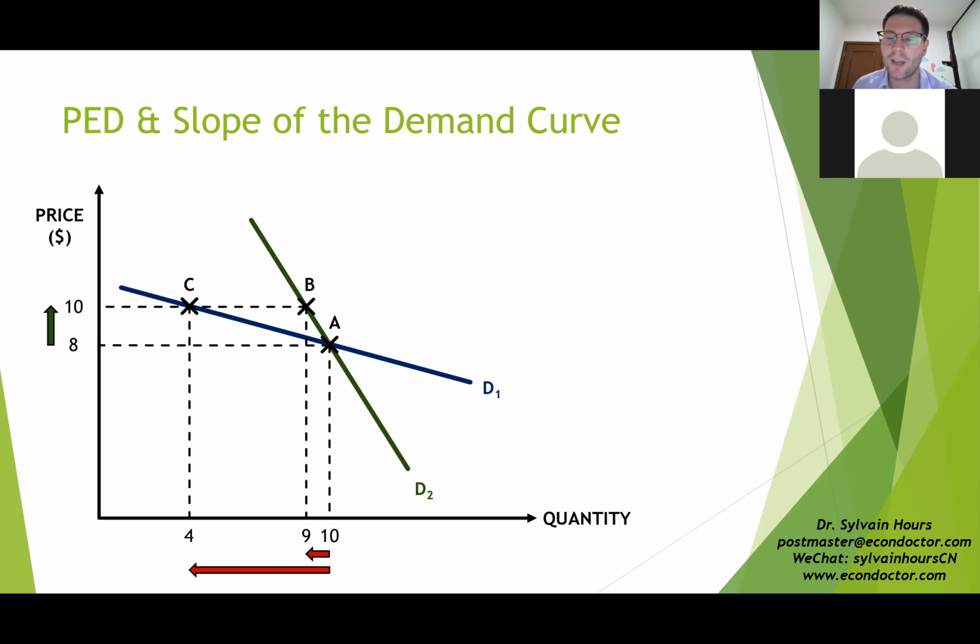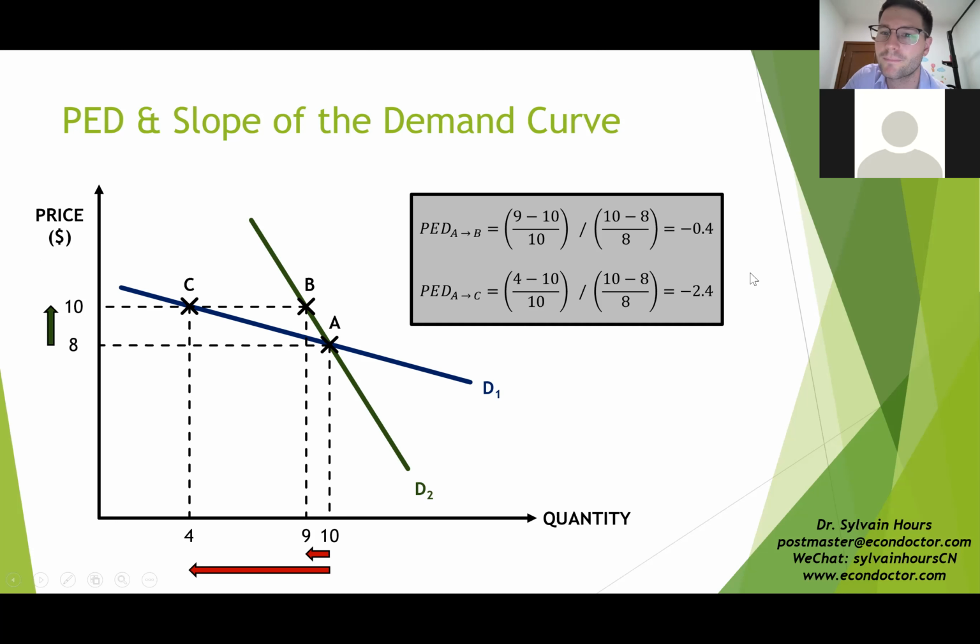So we should have an elasticity equal to 2.4. Am I correct? And the PED along D2 should be 0.4. Yes, correct.